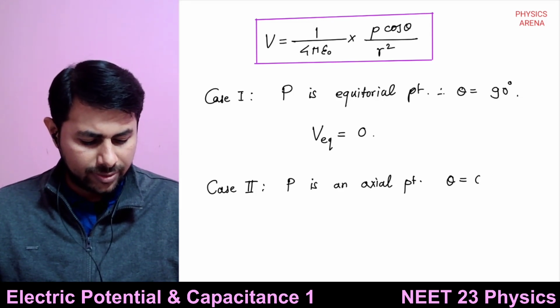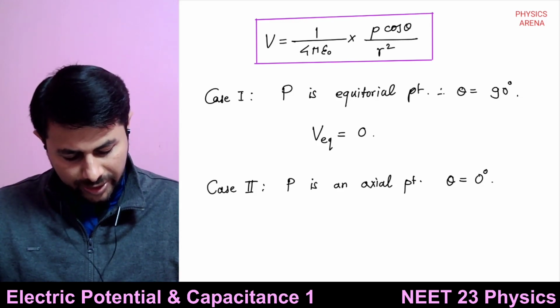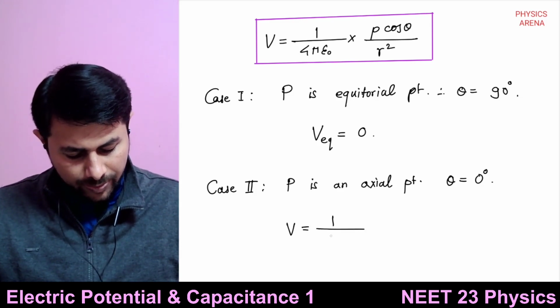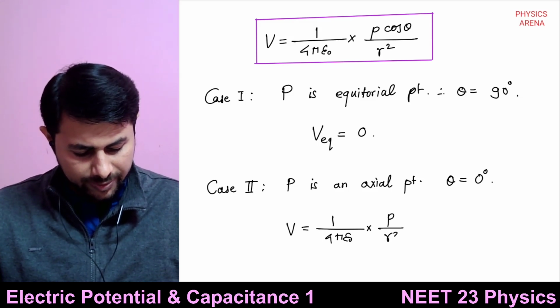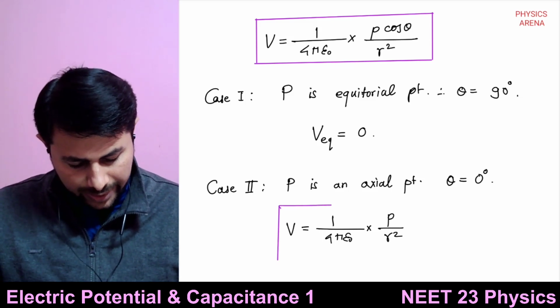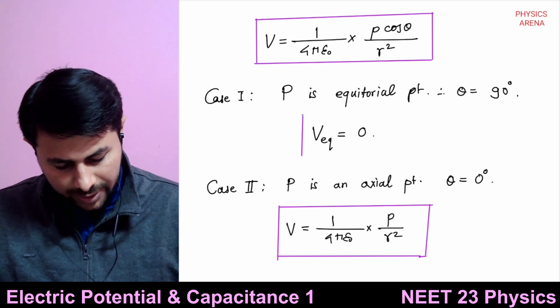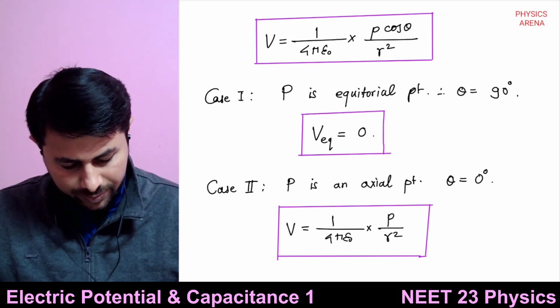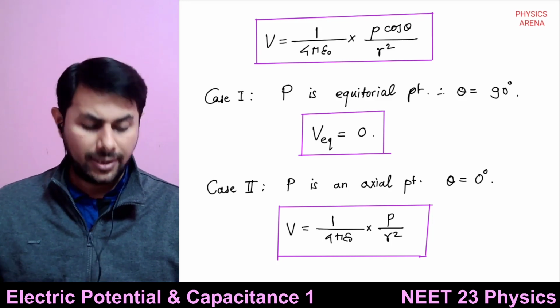So theta is equal to 0 degrees. Cos 0 is 1. Therefore, we get V equals 1 upon 4 pi epsilon naught multiplied by P upon r square. So this is the electric potential on the axis of the dipole, and the electric potential on the equator of the dipole is 0, right?